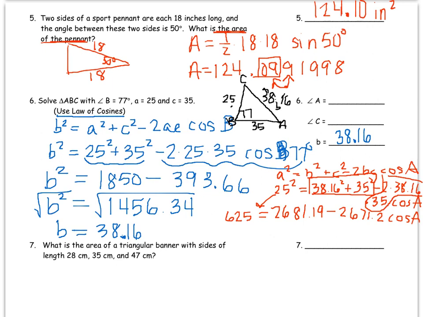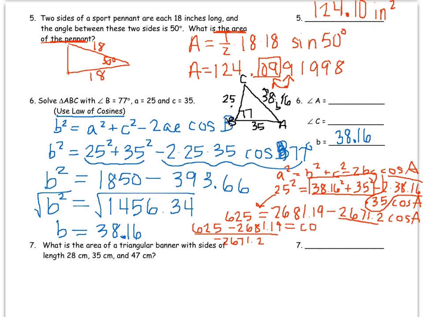Now I need to keep solving this, so I'm going to move my 2,681 to the other side. So I've got 625 minus 2,681.19 equals, now I've got this multiplied by cosine A, so I'm just going to divide by it on the other side.